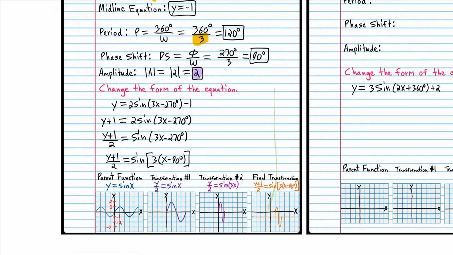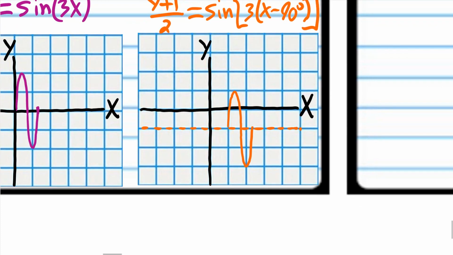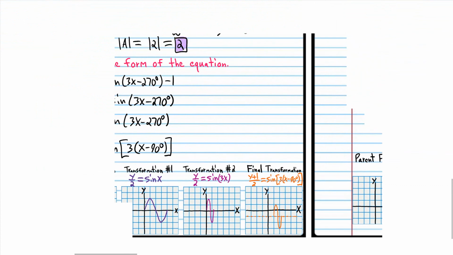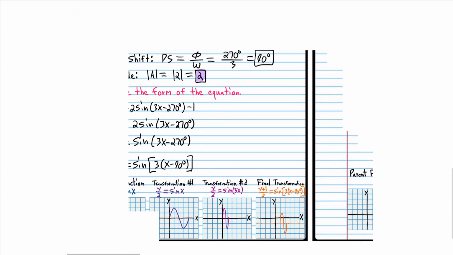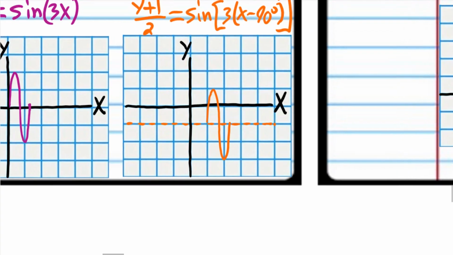The phase shift is 90 degrees. What that means is we move the entire graph to the right 90 degrees. And the amplitude is the purple 2. The amplitude is the purple 2. That's how high the hills are from the midline.